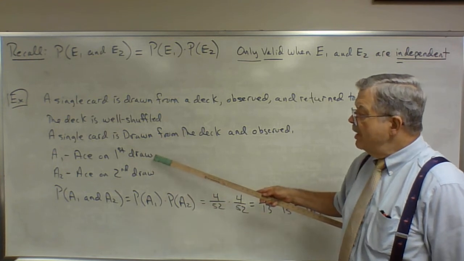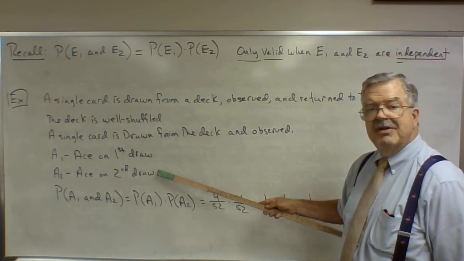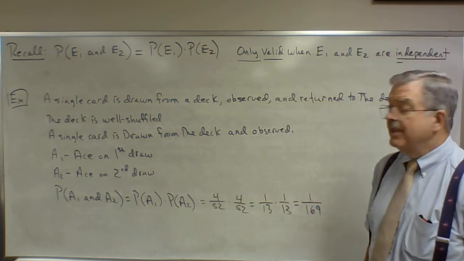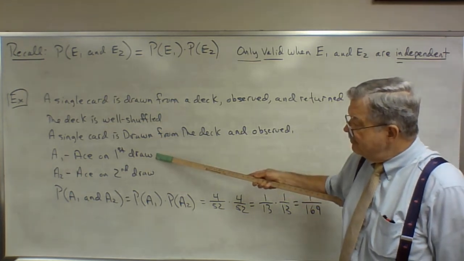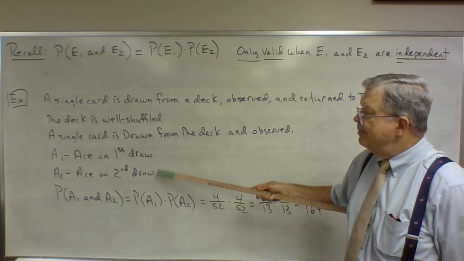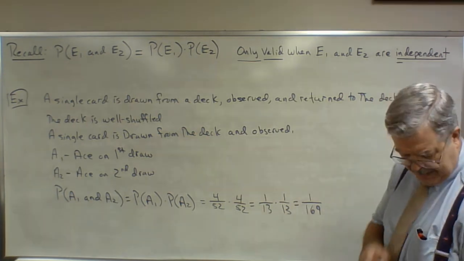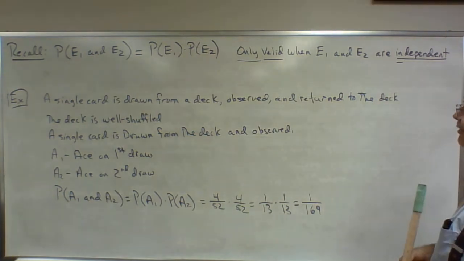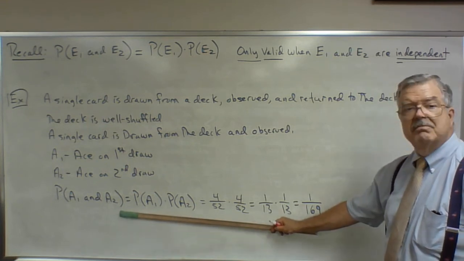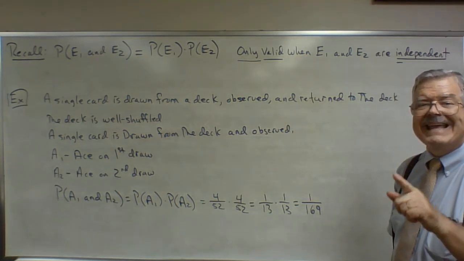So no matter what we get on the first draw, the probability of getting an ace on the second draw is going to be 4 over 52. What happens on the first draw in no way affects the outcome of the second draw because the deck is well shuffled in between. So again, yesterday when we used this formula, we were right because the events were independent.